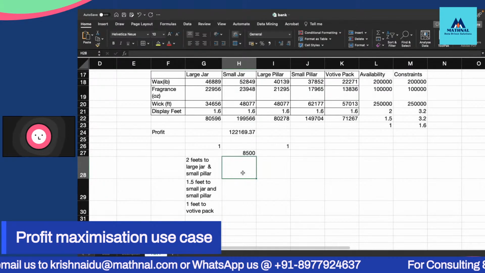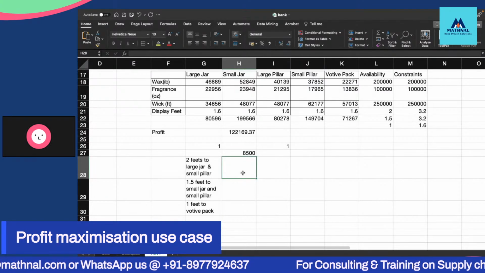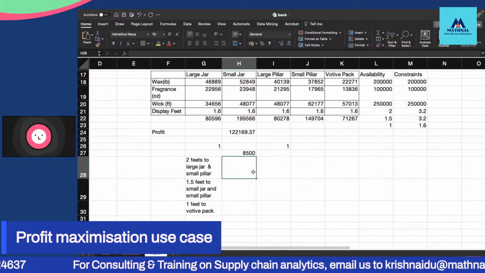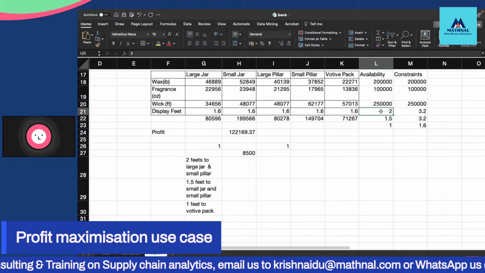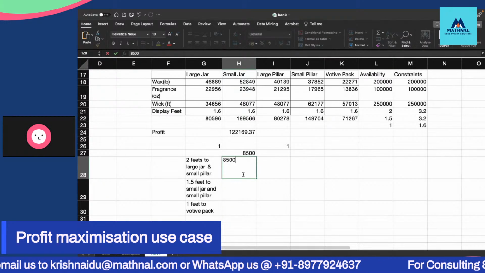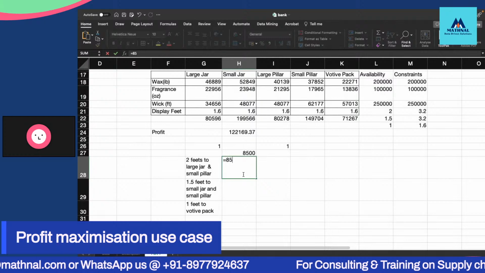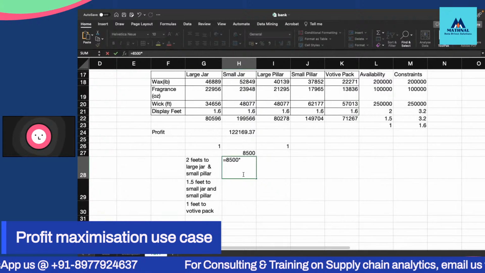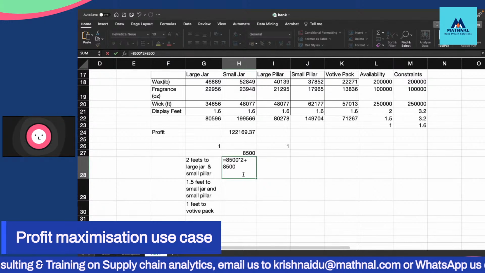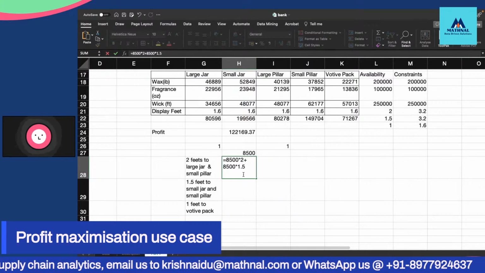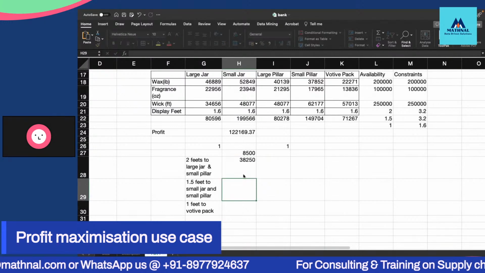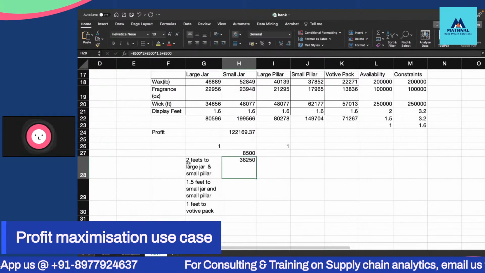So 8,500 stores means this has to be equal to 8,500 into 2, plus 8,500 into 1.5, plus 8,500. That is 38,250. The feet combined.